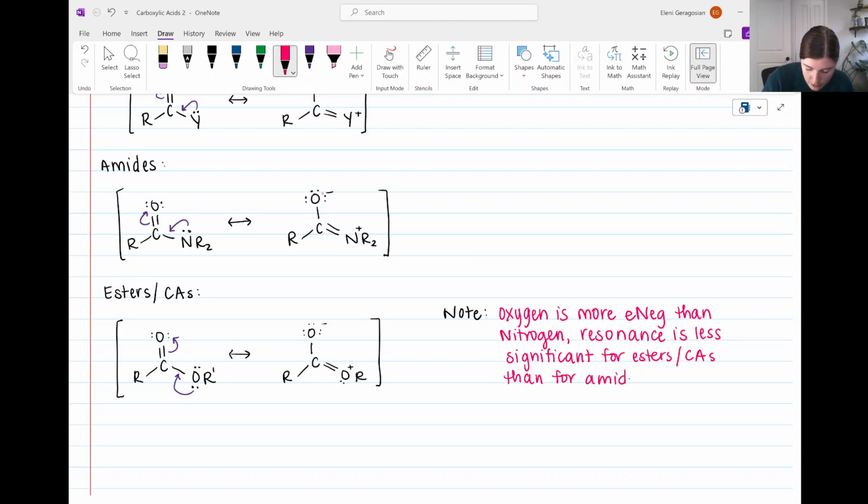And this goes back to nitrogen groups being better electron donating groups. The electrons are more available since nitrogen is less electronegative, so these are better electron donating groups, and having a stronger electron donating group makes the carbonyl carbon less reactive.